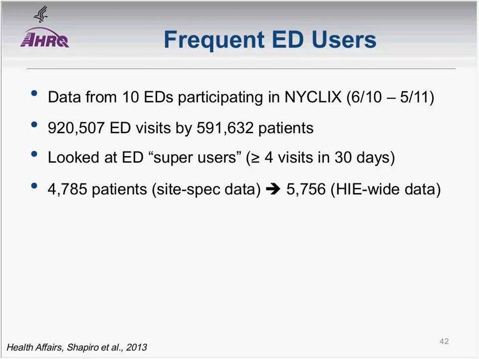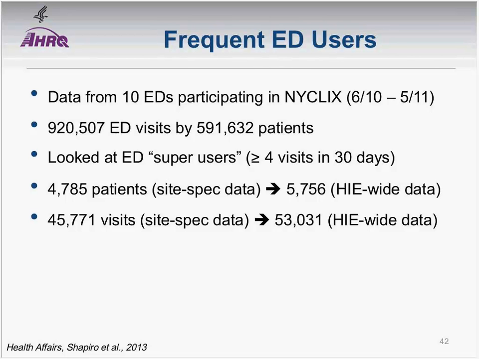We identified 4,700 patients looking just at site-specific data, so not looking across the whole HIE, but looking at each individual hospital's data. When we then looked across the entire HIE, so they could have 4 or more visits at any combination of the EDs, that number increased to approximately 5,700.